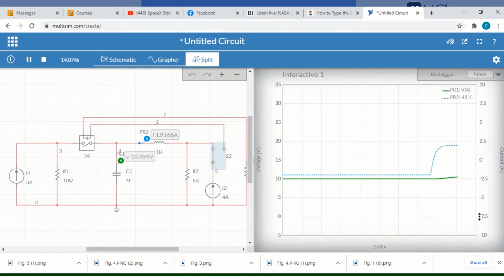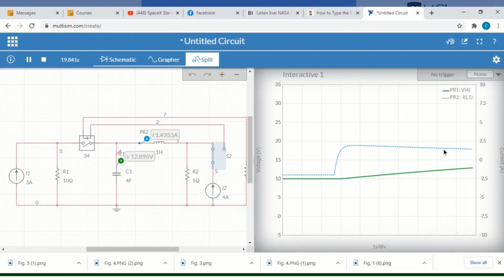So as you can see, what happened to the current to the inductor is that it went to a maximum value around 1.9 amperes, and then it starts to go down while the voltage across the capacitor is slowly rising. Okay, take note, we have computed the steady state current to the inductor to approach zero.